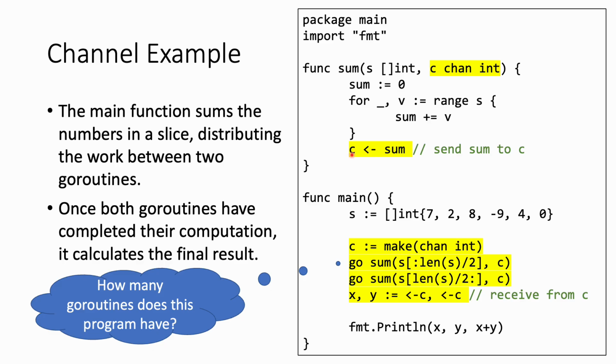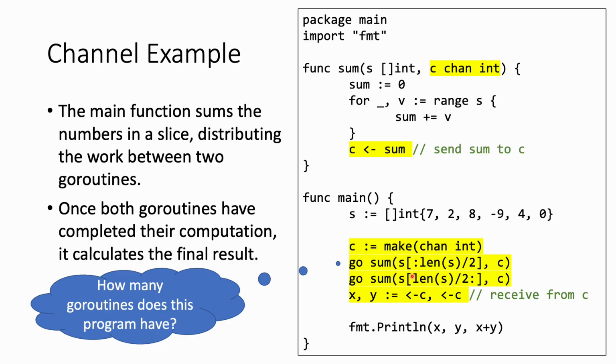In the main function, we create a slice s of integers and we want to compute the sum of the numbers in slice s. But instead of calling function sum with the entire slice s as argument, the main function calls function sum twice, passing each half of the slice s to each call.